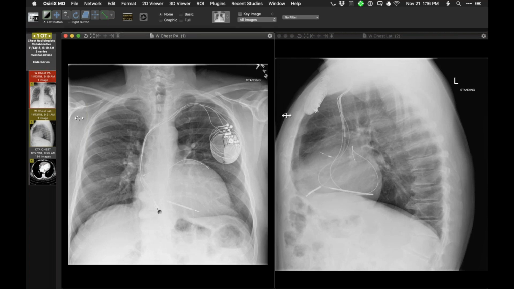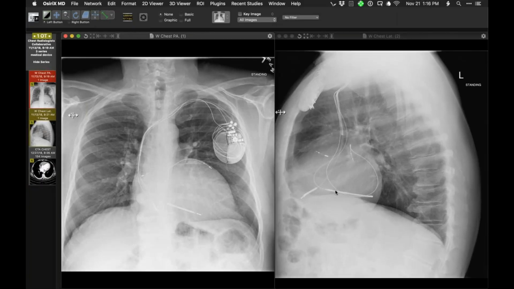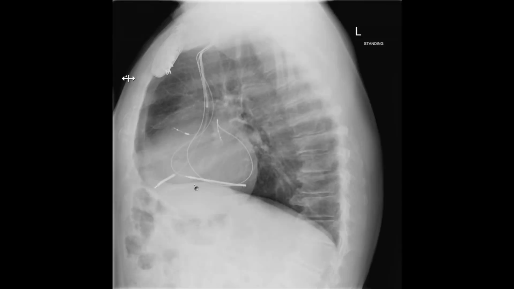So here we see it on the frontal, right here, but you see the length of it very nicely on the lateral projection. You can see that it has a defibrillation coil.